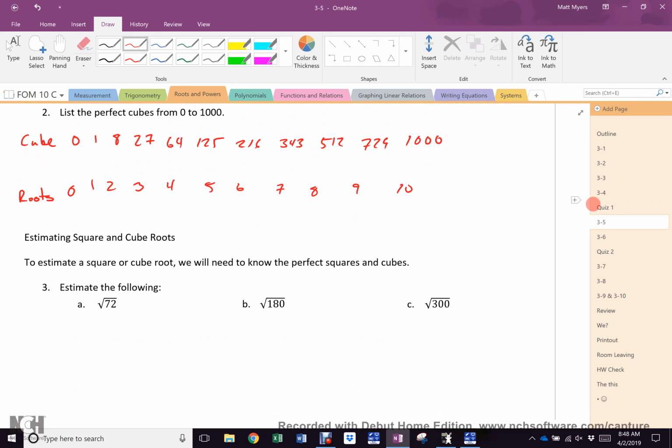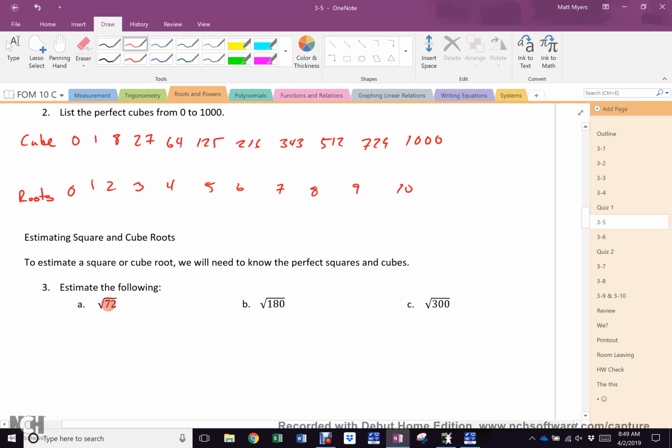All right. So, estimating a square root. Now, everyone will say, oh, Myers, just use your calculator. Yeah, that's fine. But as is proven by many, many tests, it's not necessarily an ability to use a calculator that gets you the right answer. So, we're going to spend a moment dealing with this.